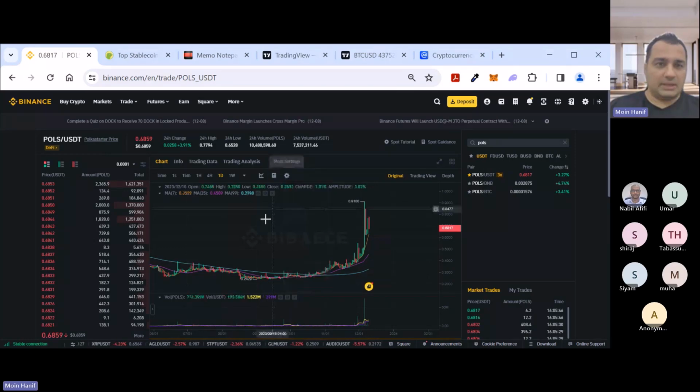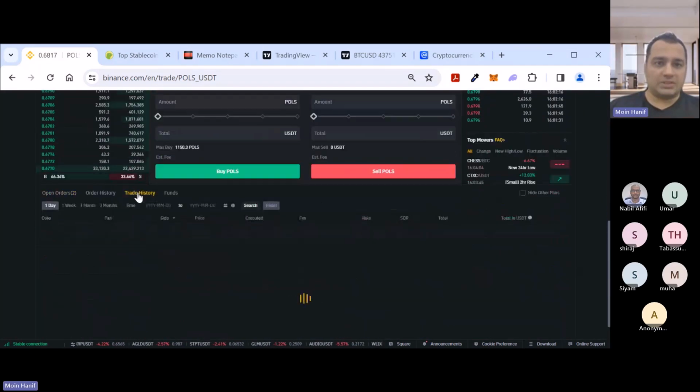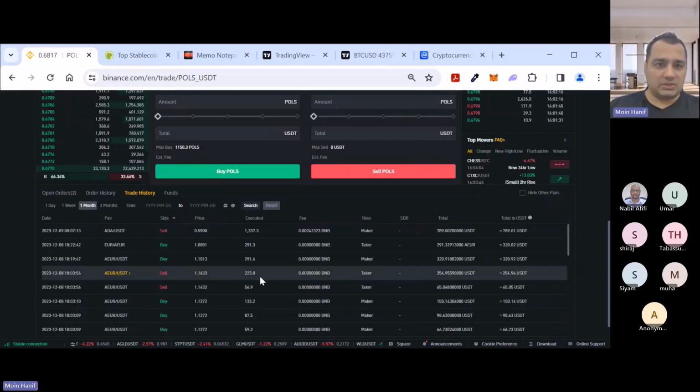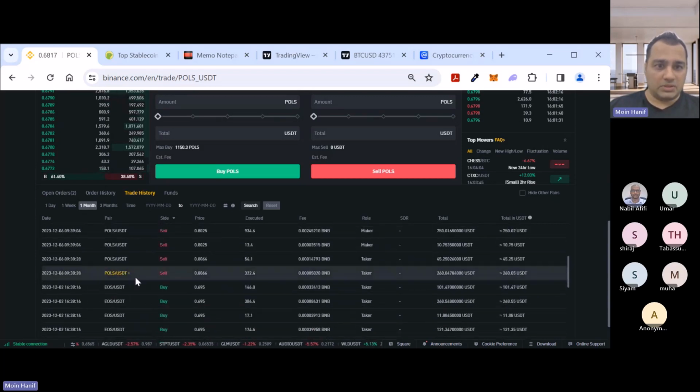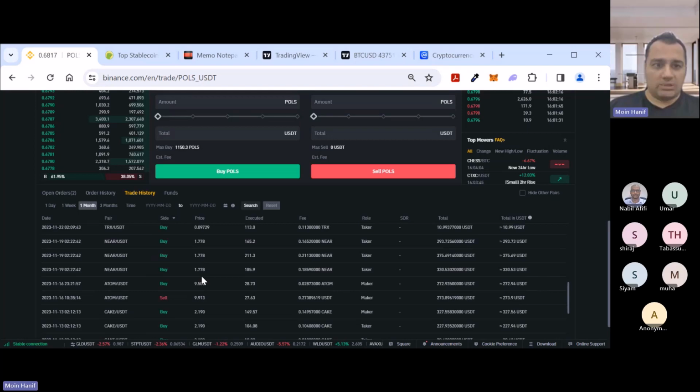Yeah, basically this one doesn't show my trades, but if I go to the historical trade history, so from there in the last 1 month, for example, here you can see I have bought Poles. Here you can see I sold them at $0.8, right? I sold this much Poles, and if you see, I bought it at a very low price.